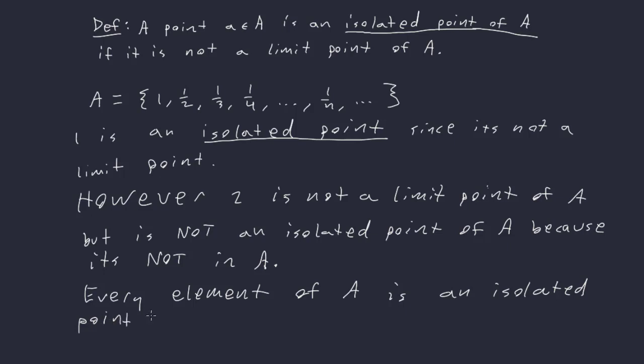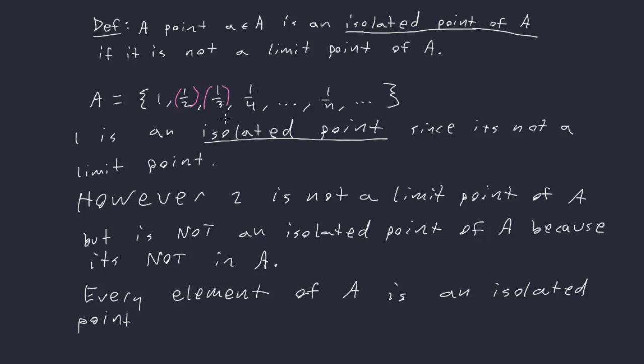We talked about 1, but with 1/2, as long as we pick an epsilon less than a sixth, if we pick something small, we can isolate it. And if we pick something smaller than the distance between 1/3 and 1/4, we can isolate 1/3.